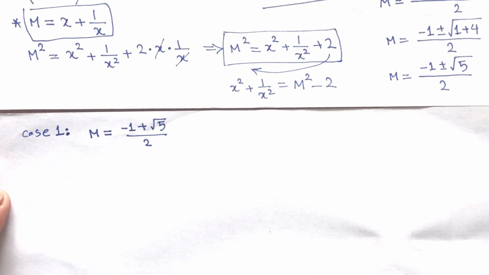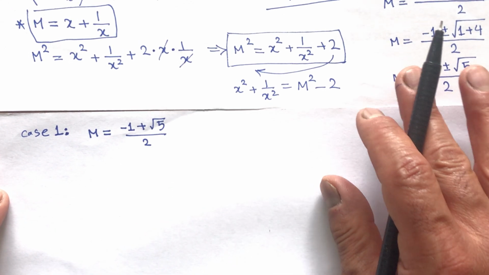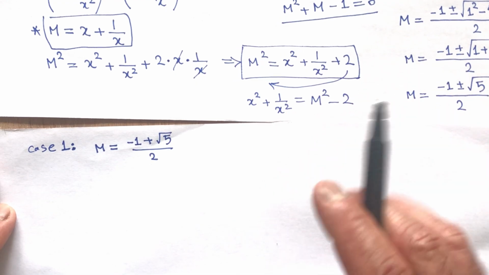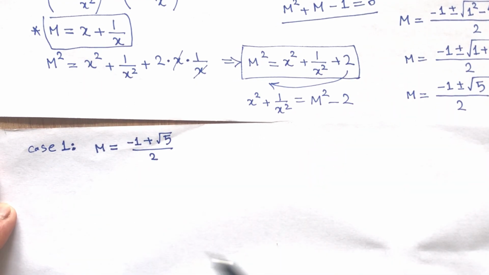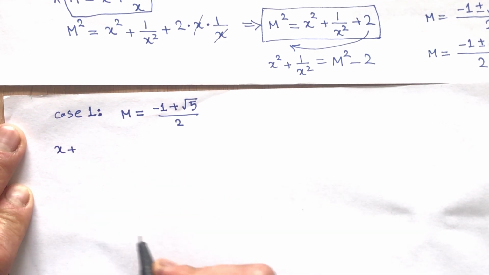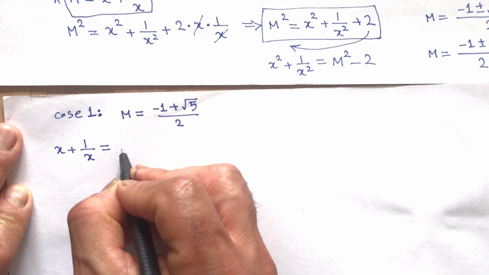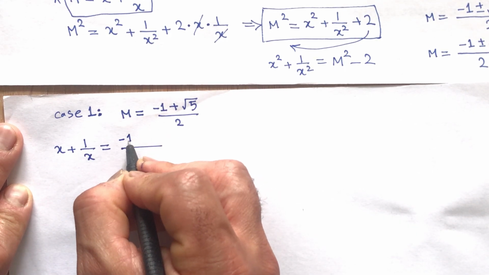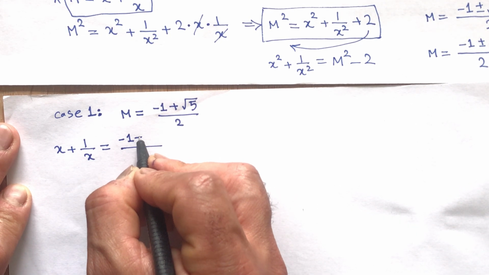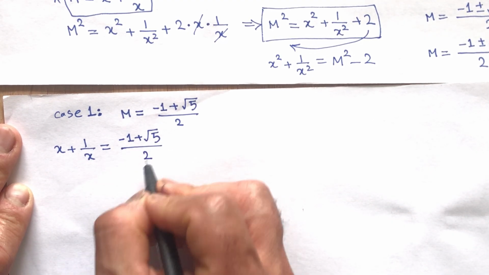For each of them we need to solve the problem. So m from the equation we defined before is x plus 1 over x. So I can write it here, x plus 1 over x equals to minus 1 plus square root of 5 over 2.